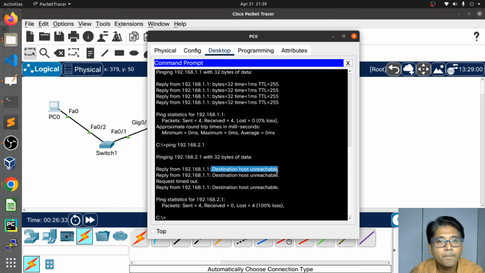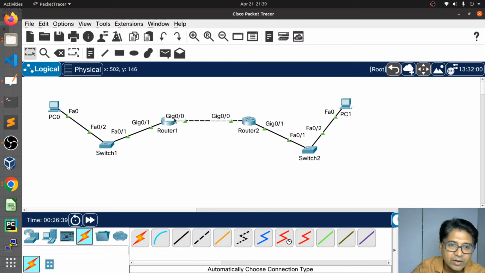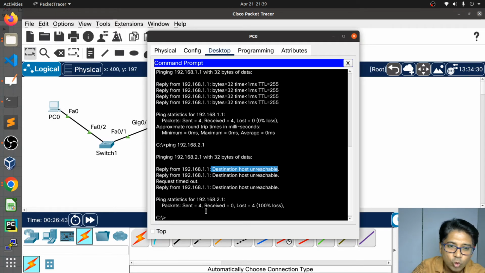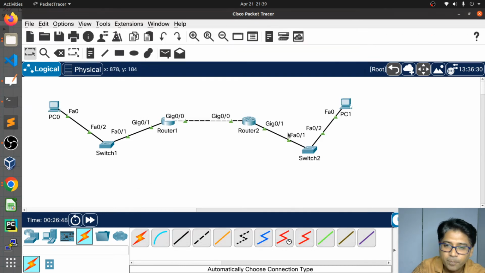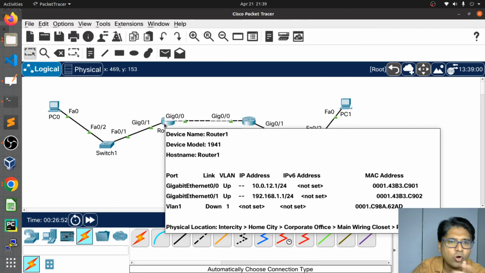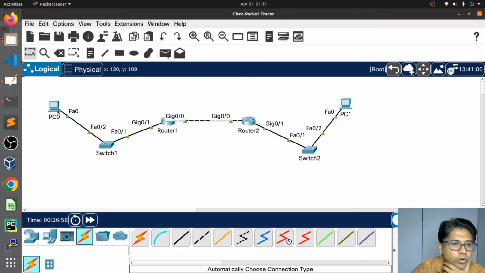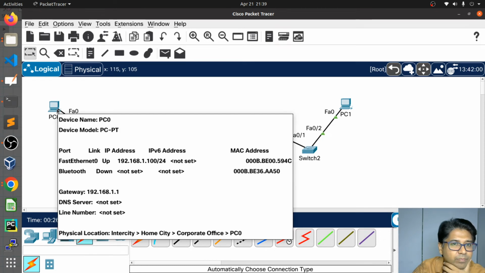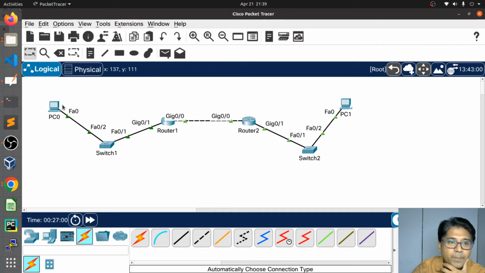This is the PC 1.100, and the router is 1.1. When the PC pings 2.2.1, this gateway interface, the router is telling it, I don't know, this is unreachable. It means the PC doesn't know anything.